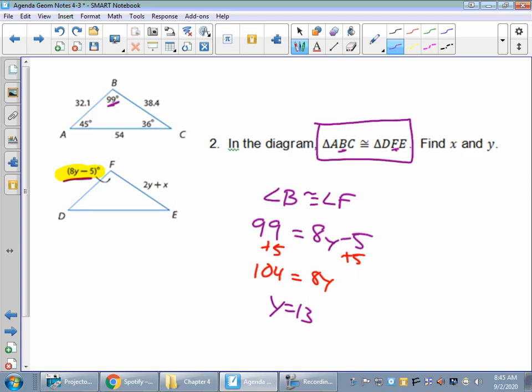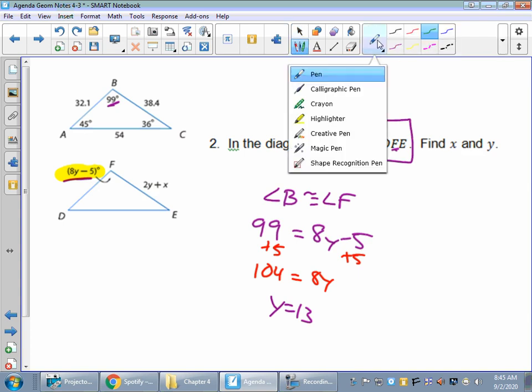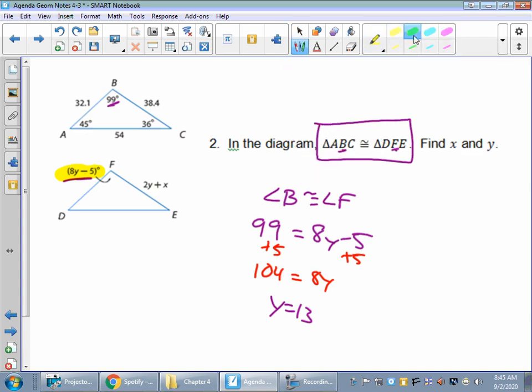Now, on the other side, let's try to find x. Well, where's x? x happens to be right here. But there's also a y in this one, and that side, FE, corresponds with 38.4, because you can see that these two sides would have to be congruent based on your congruent statement.